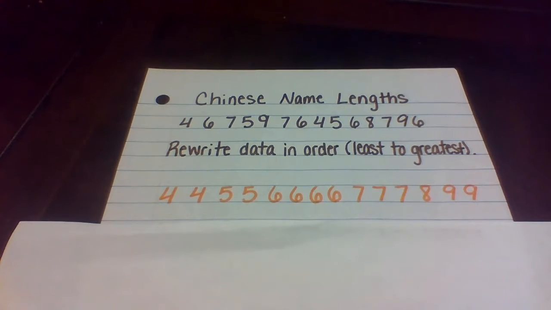This is what we used when we made our frequency table and our line plot. The very first thing I had to do was write it in order from least to greatest. So I've already done that just for time's sake here.